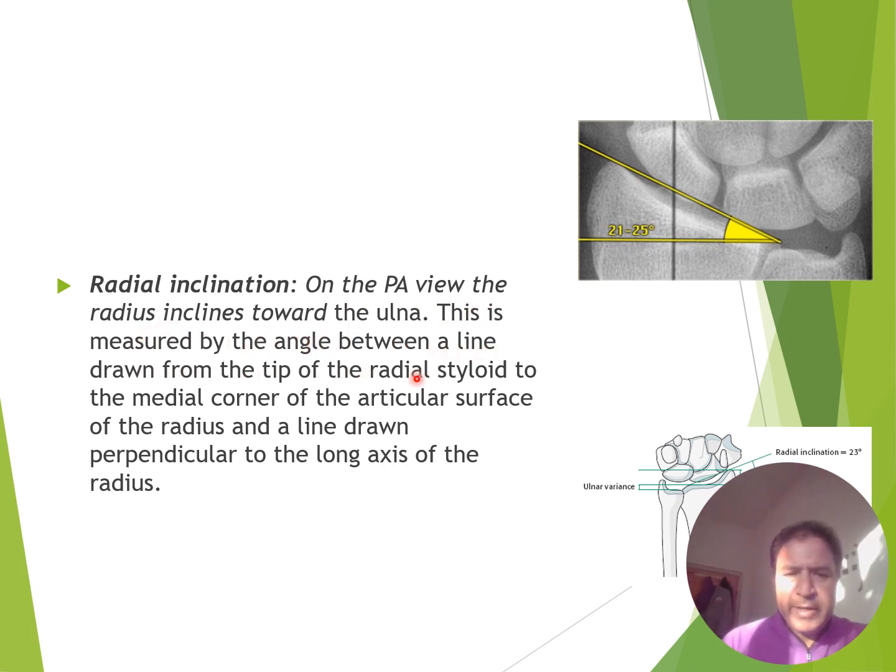This is measured by the angle between a line drawn from the tip of the radial styloid process to the medial corner of the articular surface of the radius, and a line drawn perpendicular to the long axis of the radius. So we draw a perpendicular from this point and we measure the angle between these two lines. Okay, clear so far?